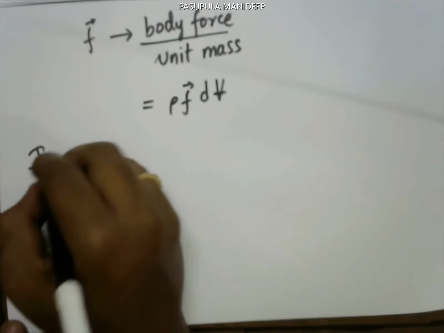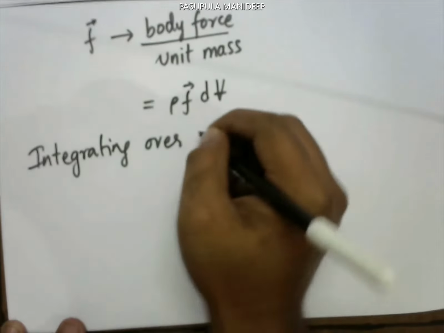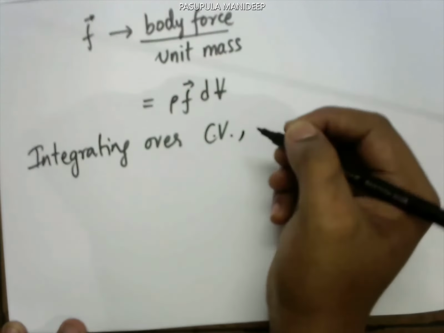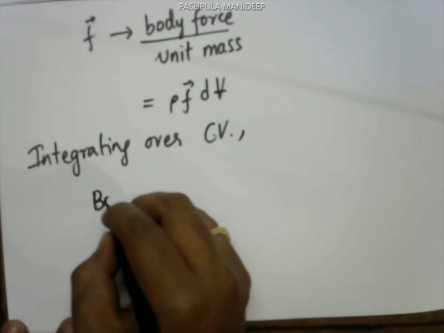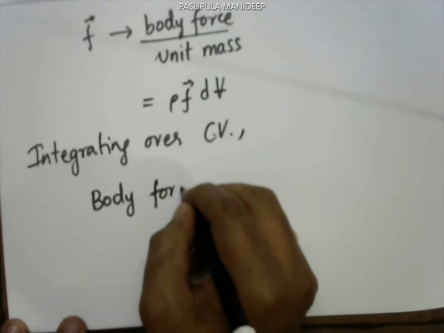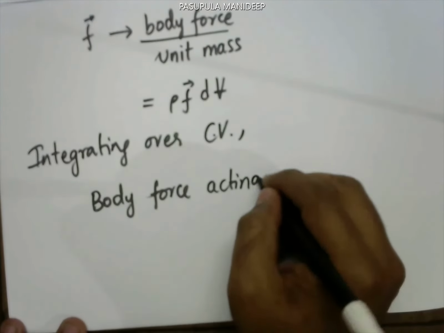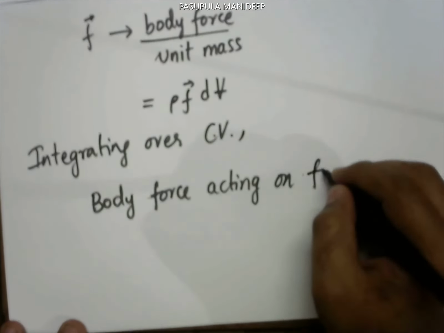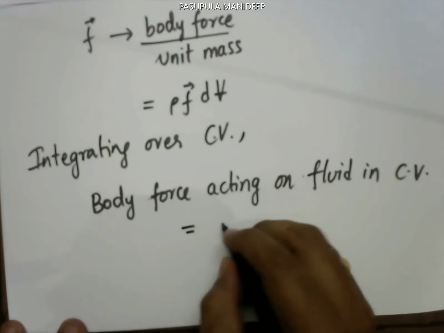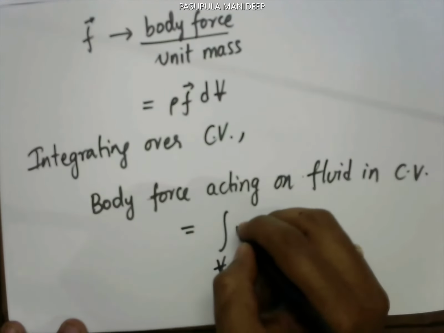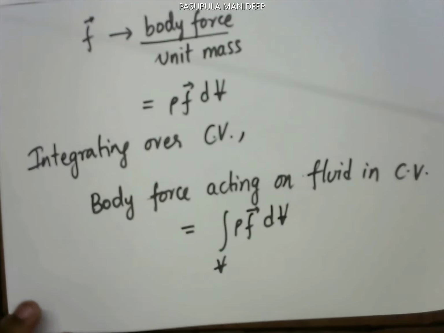We can integrate over the control volume, and the body force acting on the fluid in the control volume will be given as the volume integral of rho into F bar into dV. Okay.